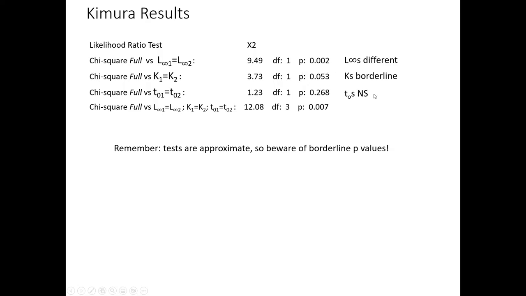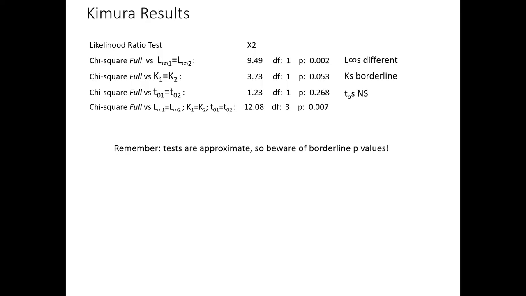If you have borderline values either below or above, let's say you pick 0.05, then you have to think about whether that's actually significant or not. And then in this case, we're comparing the T0s, which are the same, and that's not significant. And of course, since we found differences in some of them, there's a major difference between the full model and the single model.